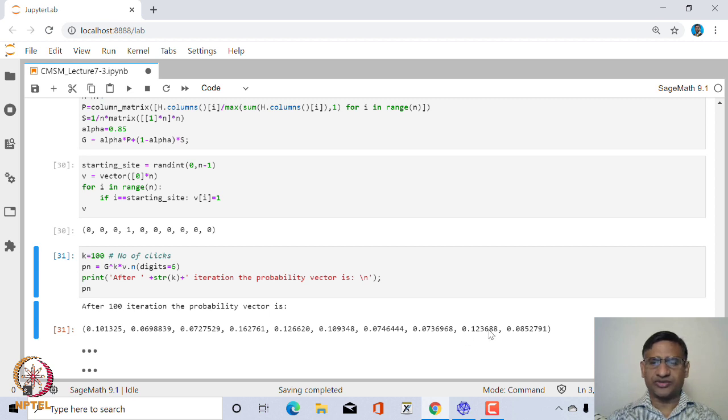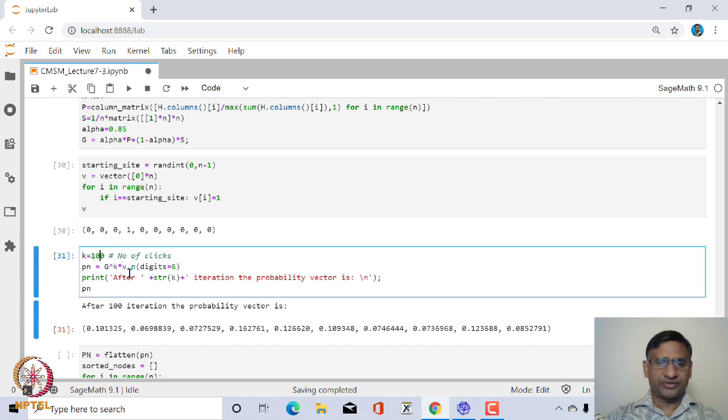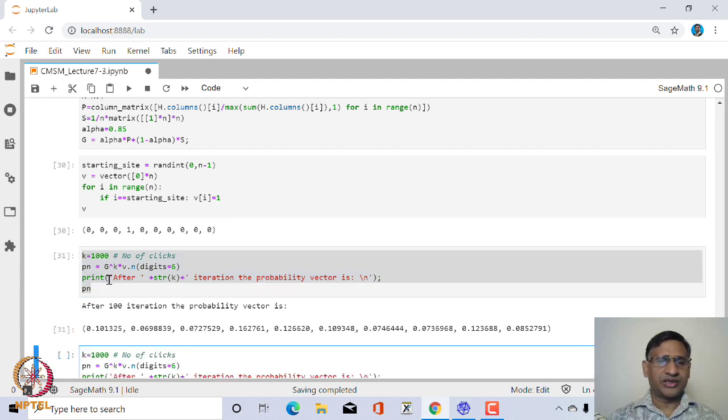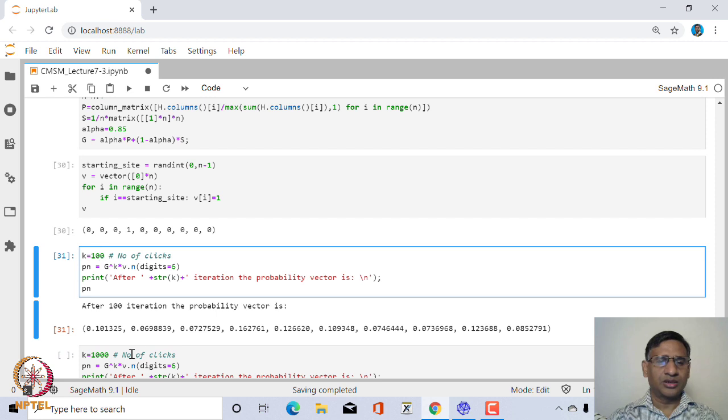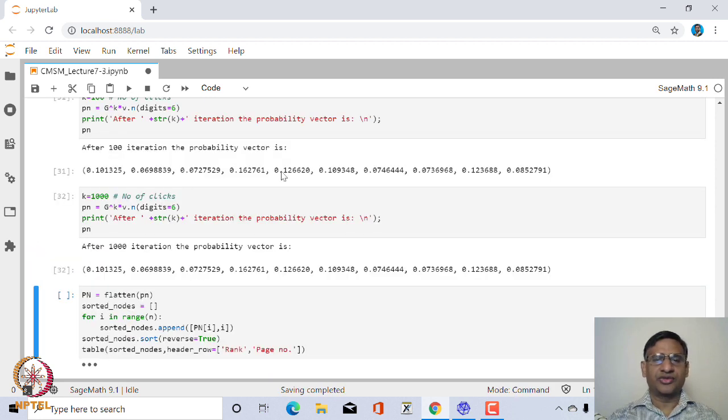So for example, in this case, this one is the maximum, the fourth website. And instead of 100 clicks, suppose I copy and paste it in the next cell and say 1000 clicks, then again these two are almost similar.